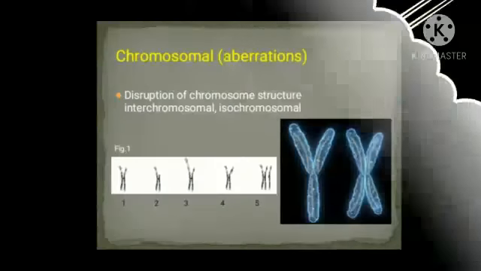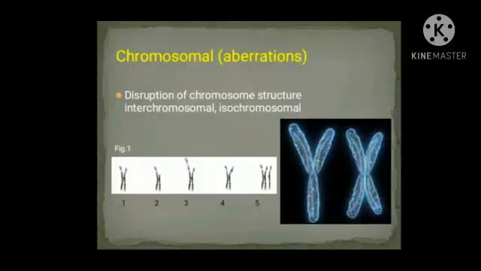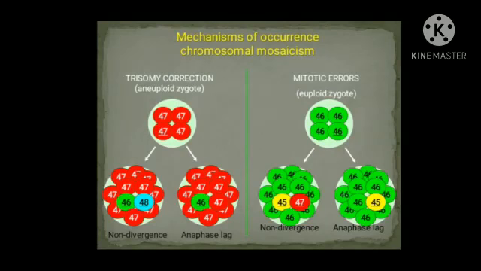This is the situation if mutations occur during organogenesis and do not take part in all cells; we call this mosaicism. In this slide, you can see two mechanisms of how it may appear. Let's look at the right side of the slide.